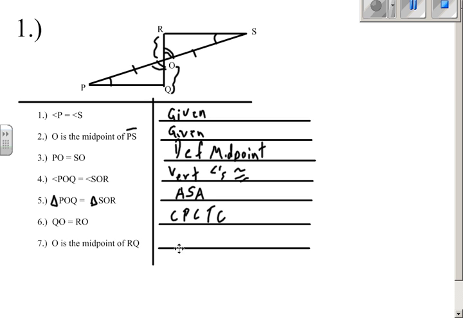And that's my CPCTC. And once I know that those two are congruent, I know O is the midpoint of segment RQ because by the definition of midpoint, if I have two equal parts, then it must be a midpoint. And that's how you do number 1.